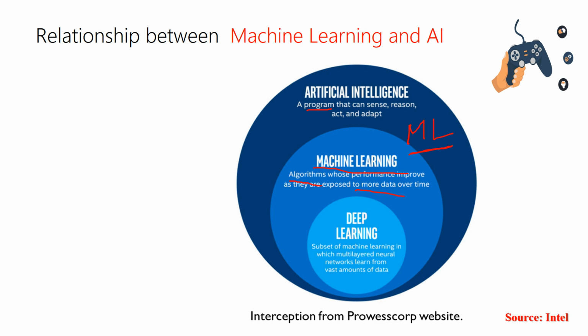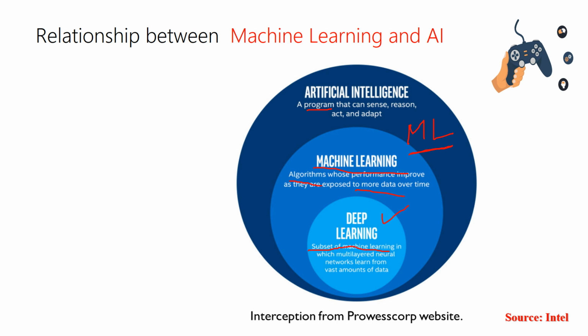But basically, we will talk about the process of machine learning. So the math is very important. Data analysis is very important too, okay? On the bottom part is deep learning. So deep learning is a subset of machine learning, okay?